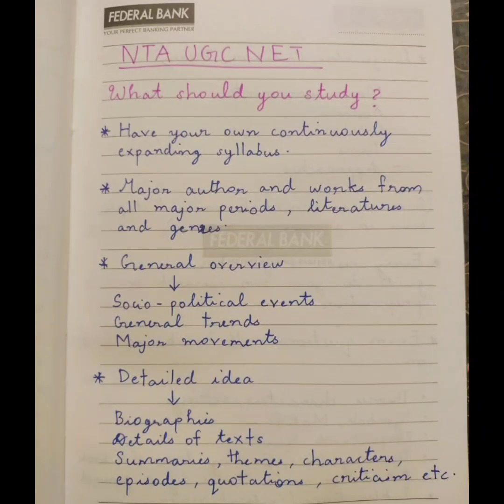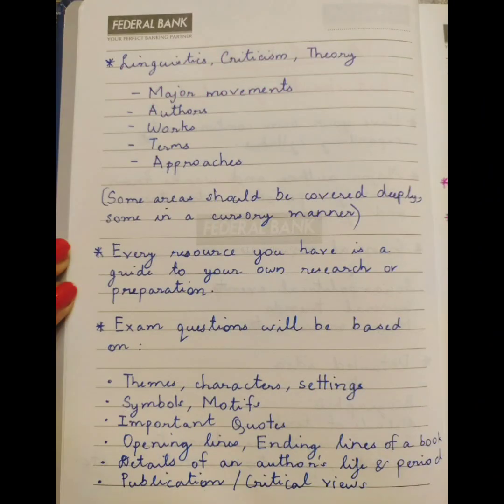Then you have to have a detailed idea about the biographies of different personalities, details of texts, summaries, themes, characters, episodes, quotations, different criticisms about the book, etc. Then coming to linguistics, criticism and theory, you should know the major movements, authors, works, terms, approaches and all.